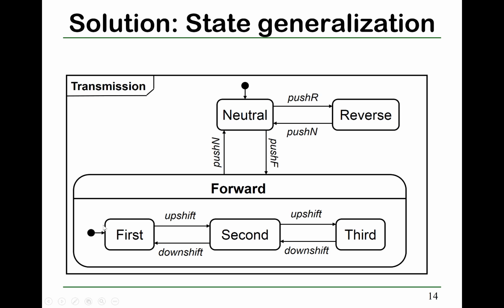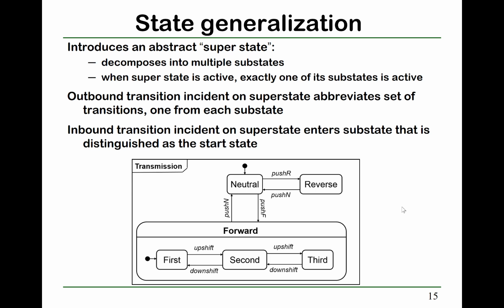A transition going to this super state means that it goes to this initial state, and any transition that leaves this super state means that it leaves from each of the states in the super state. So basically that's what I have said.